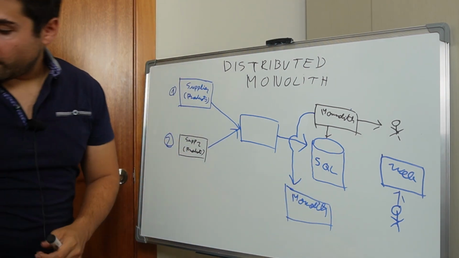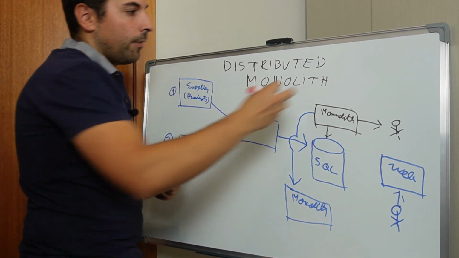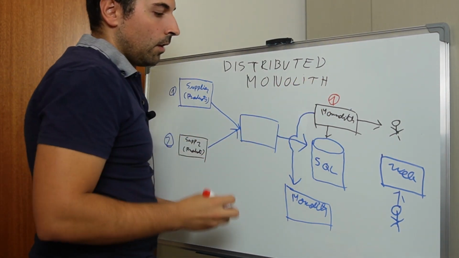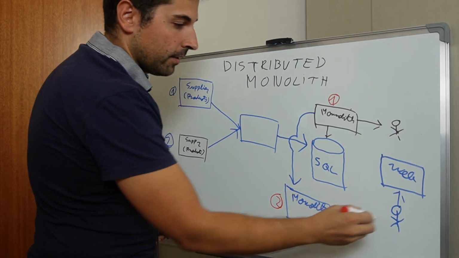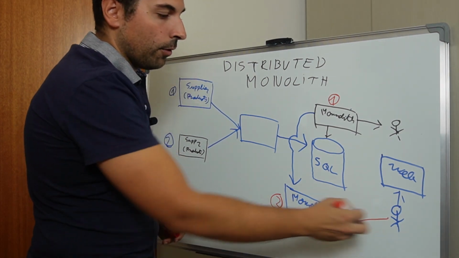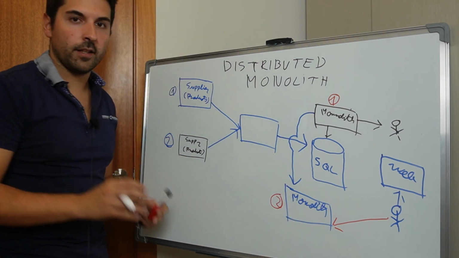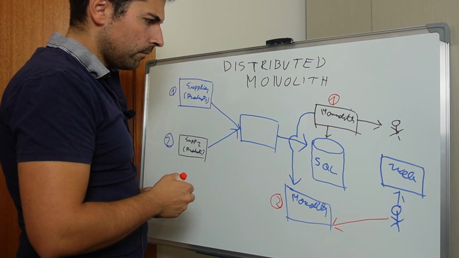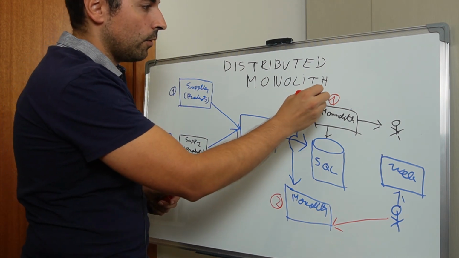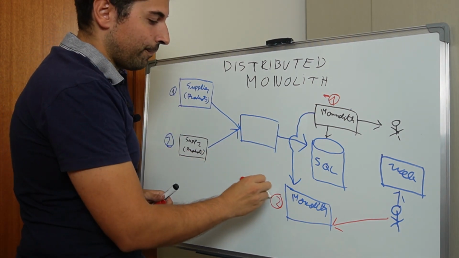So the point here is that we have monolith 1 and monolith 2. And this application was consumed by these guys too, because they were able to do some things with this data and perform some operations on sales. But the point is the communication between 1 and 2.